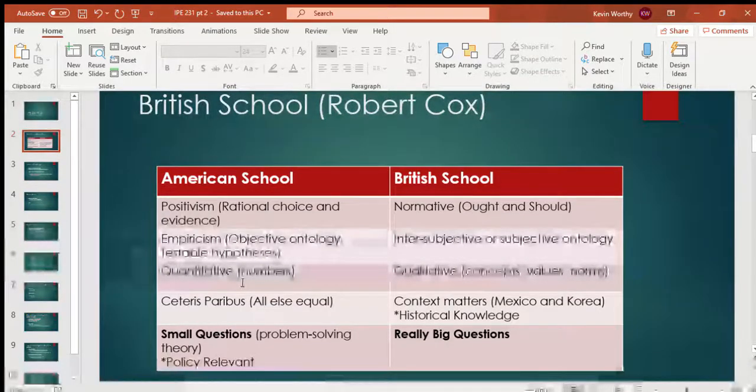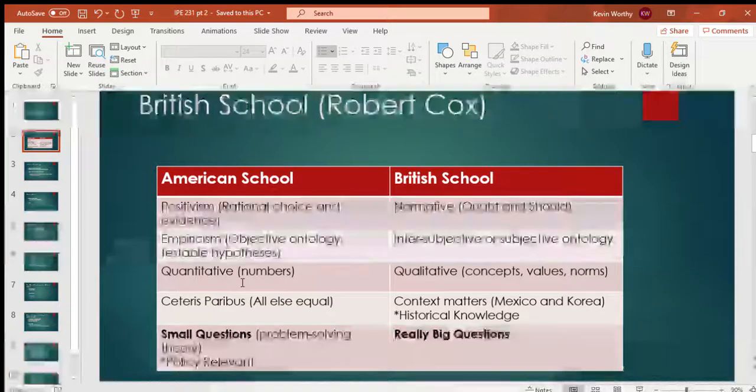The other part is it's a different ontology, right? It's not empirical, right? It's not just the world exists and let's measure it. There's a lot of intersubjective, right? We can go all the way back to when we talked about Ruggie, right, embedded liberalism, that there's this programmatic language, this generative grammar, where the words we use start to take meaning, and because they start to take meaning, we don't talk about certain things, right?